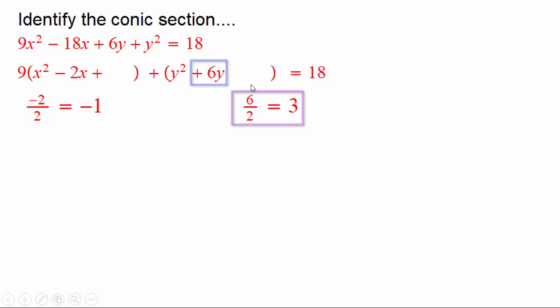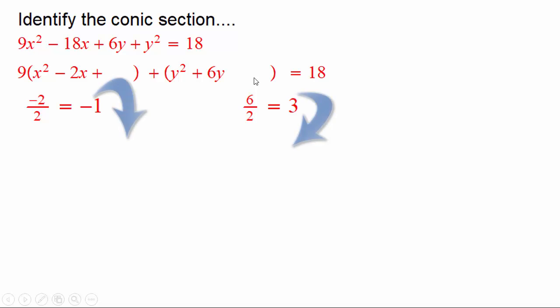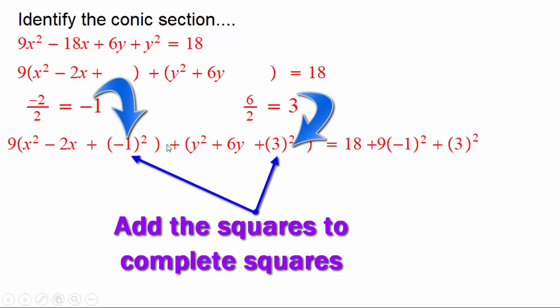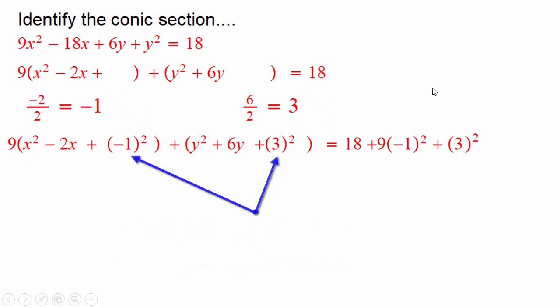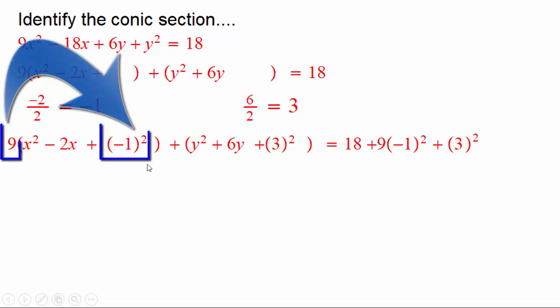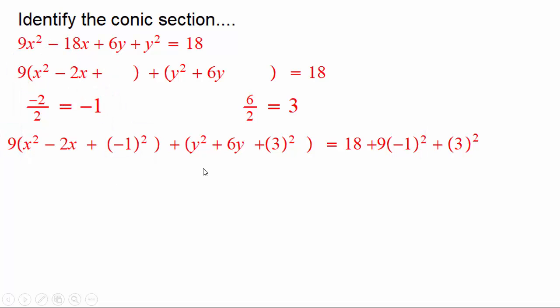All right, so once you do that, remember we have to add something on the right-hand side as well to keep the equation the same as the original equation. So if I add a number on the left-hand side, I have to add the number on the right-hand side. I am adding 9 times -1 squared, or 9, and 1 times 3 squared, which is the 9 here.